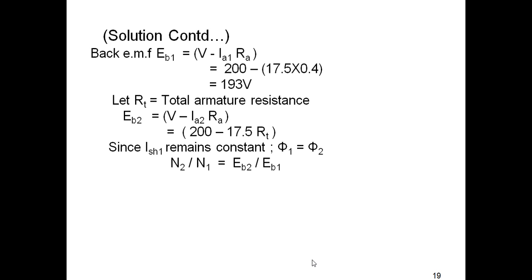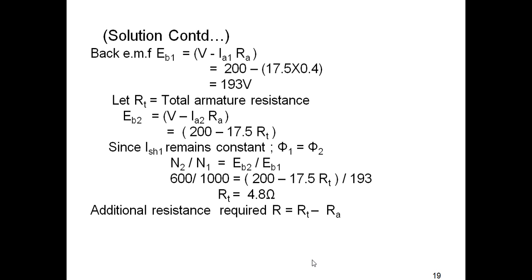If we substitute the values, we get 600 by 1000 is equal to 200 minus 17.5 RT by 193. On solving this, we get the value of RT. RT is nothing but it is the total armature resistance.